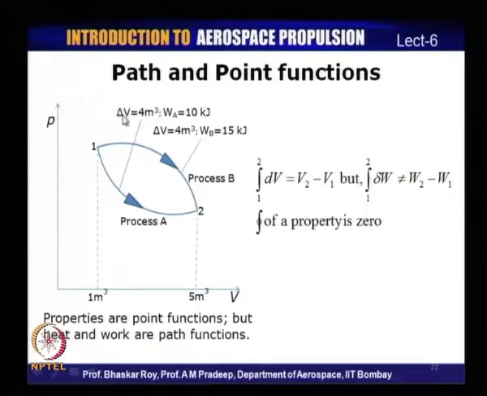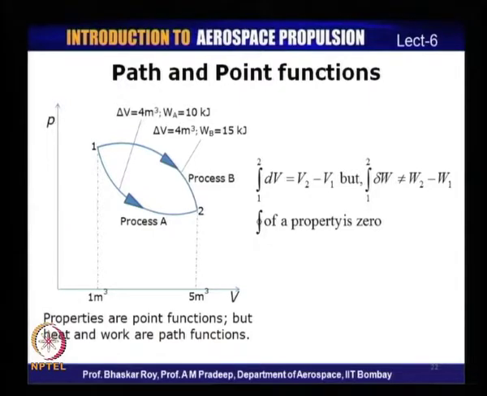Unlike properties like volume, here it does not matter how the process was carried out, it depends only on the end states, which means that if you were to integrate volume between states 1 and 2, integral 1 to 2 dV is equal to V 2 minus V 1, because it is an exact differential, whereas you cannot integrate 1 to 2 dW, because it is not equal to W 2 minus W 1.